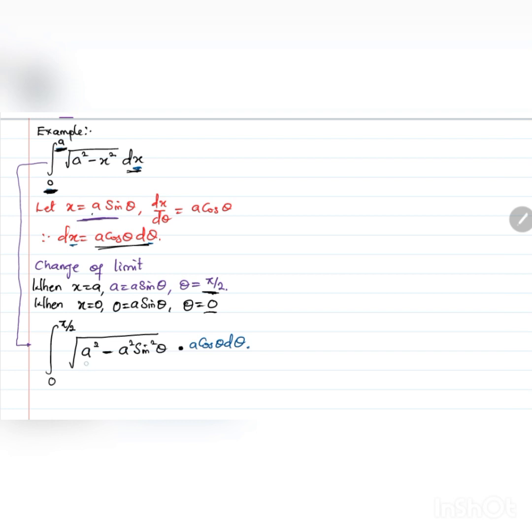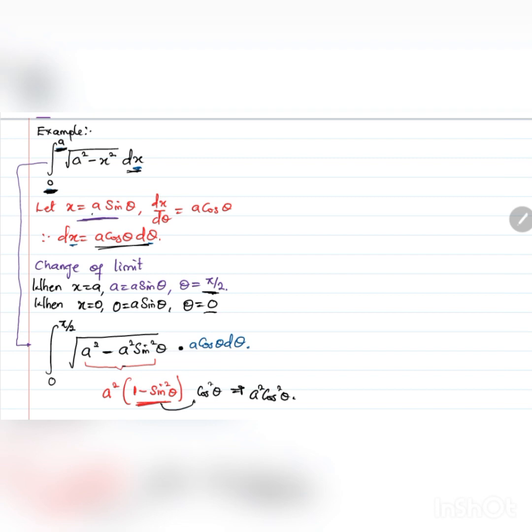Okay, but don't forget, we can factorize what is here. We can factorize it as a square into bracket 1 minus sine square theta, right? Yes, that's correct. And we also recall that 1 minus sine square theta is the same thing as cos square theta, right? Therefore, I can say everything inside this place is the same thing as a square cos square theta.